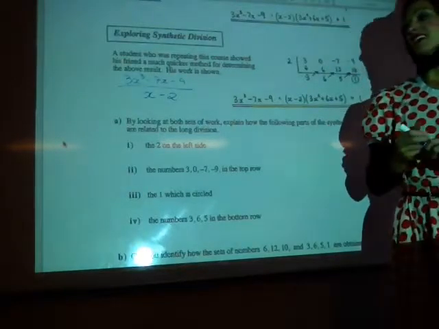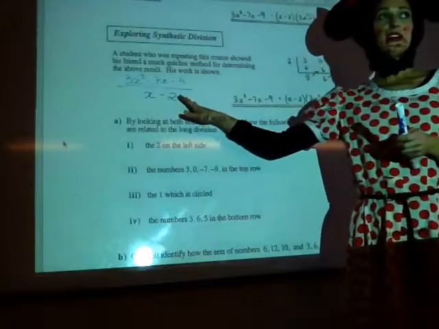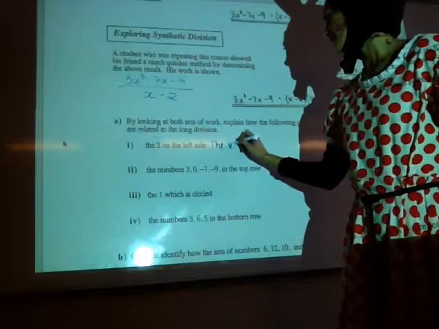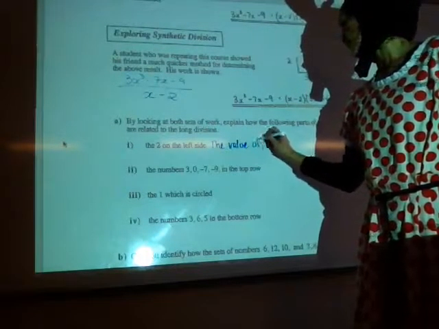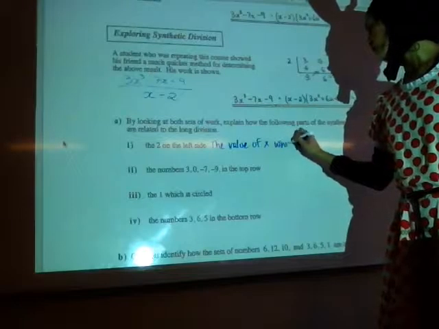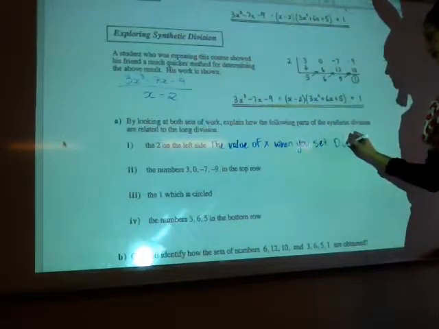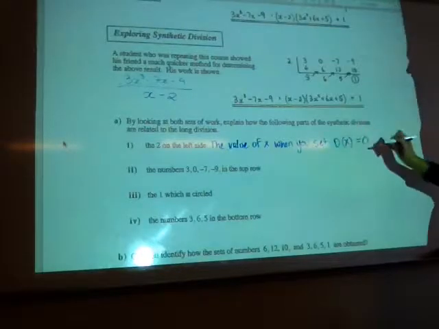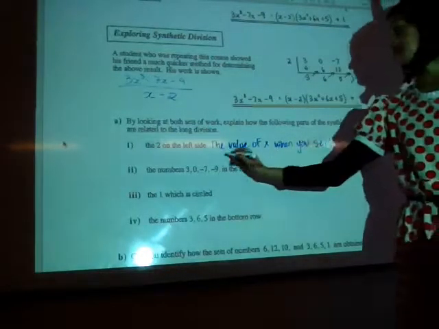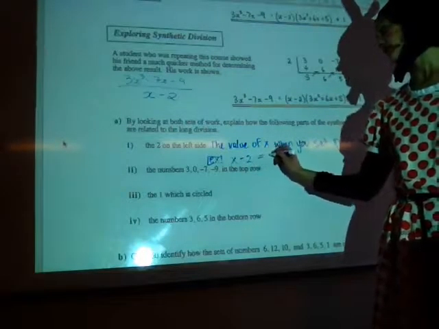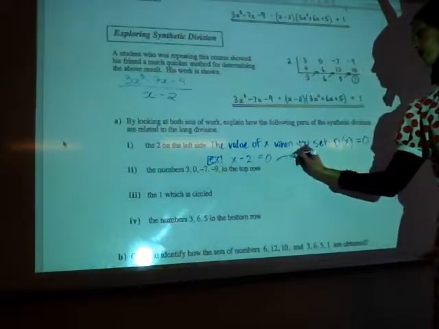So you are right. The 2 is coming from the divisor. And basically it's the value of x when you set the divisor equal to 0. So for example, when we had x minus 2, if we set that equal to 0, what does x equal?